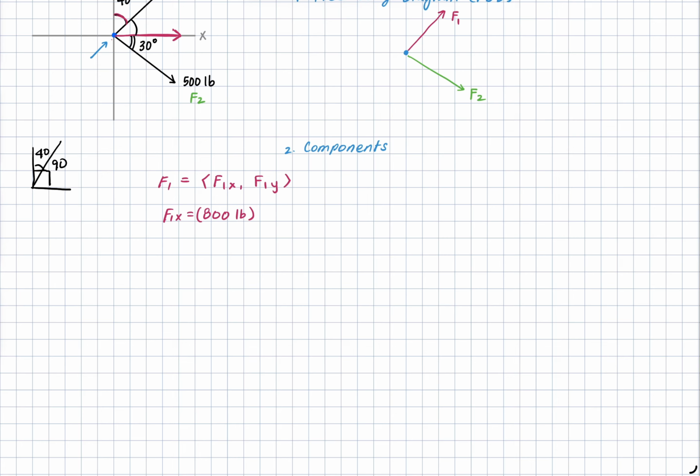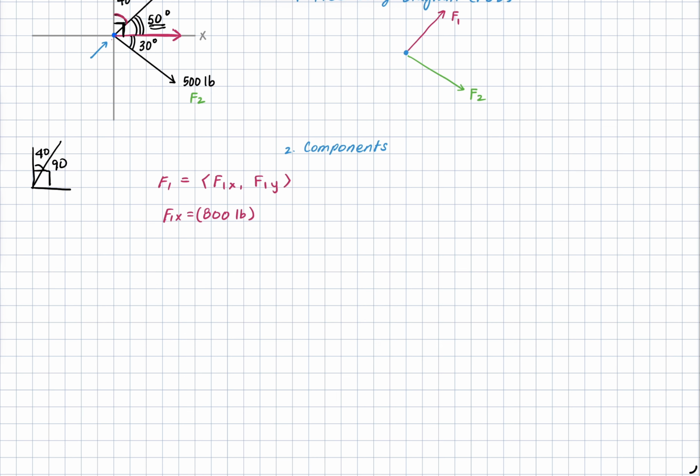Therefore, this angle over here should be 50 degrees to add up to 90, because we have the y and x axes creating a 90 degree angle. So what we're going to do from there is make that 50.